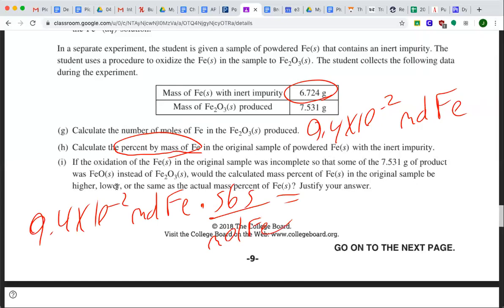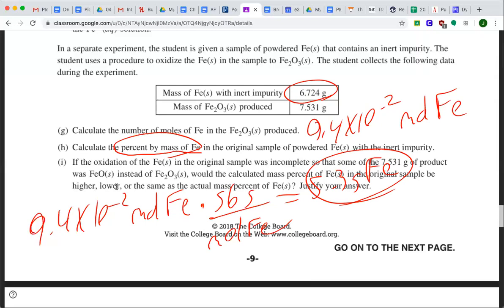And that's going to give you 5.3 roughly grams of iron. Okay, and then you have that per 6.724 grams, so divided by 6.724 is going to give us roughly 78%.